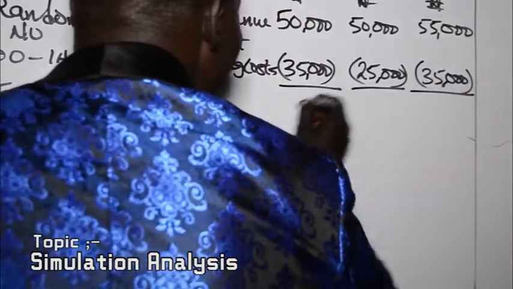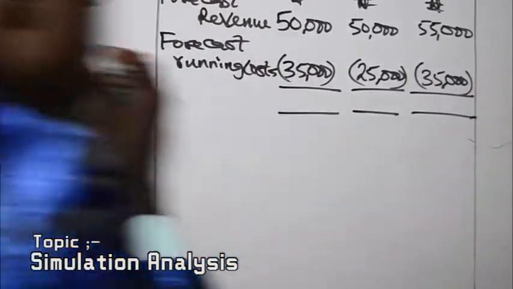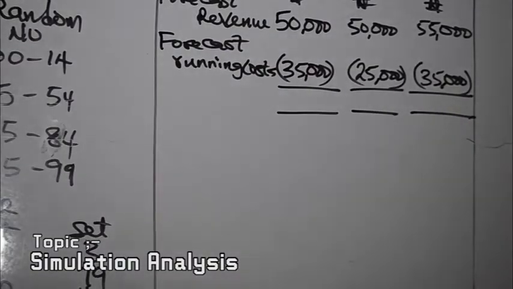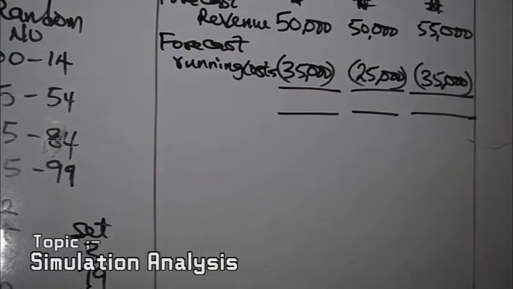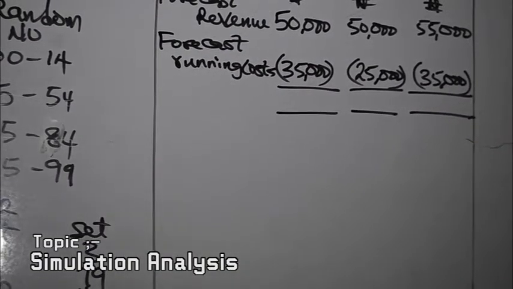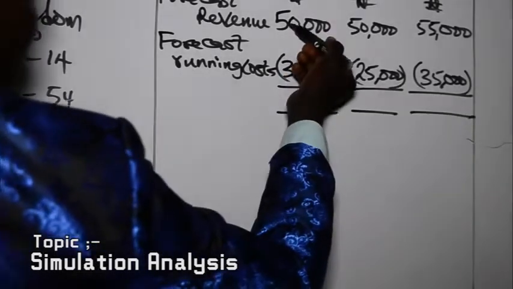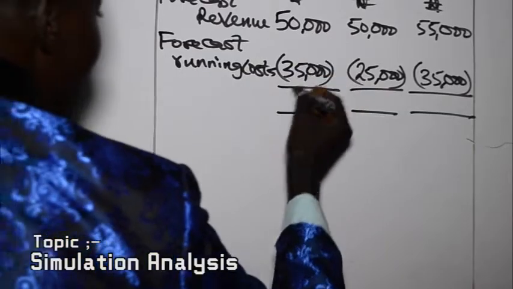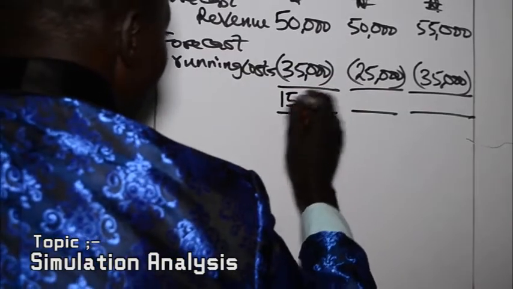You now subtract the forecast running cost from our forecast revenue to get the net cash flows. 50,000 naira minus 35,000, then you have 15,000.